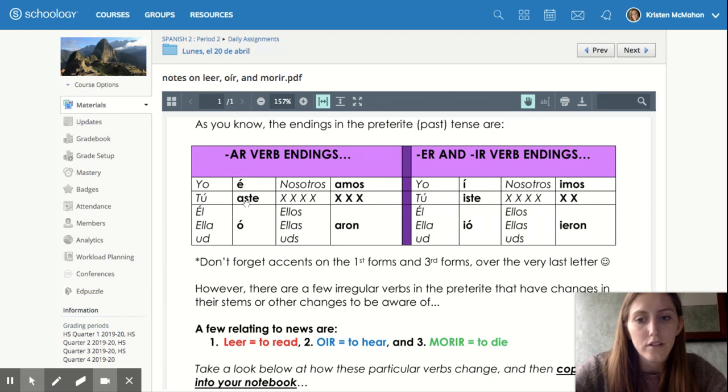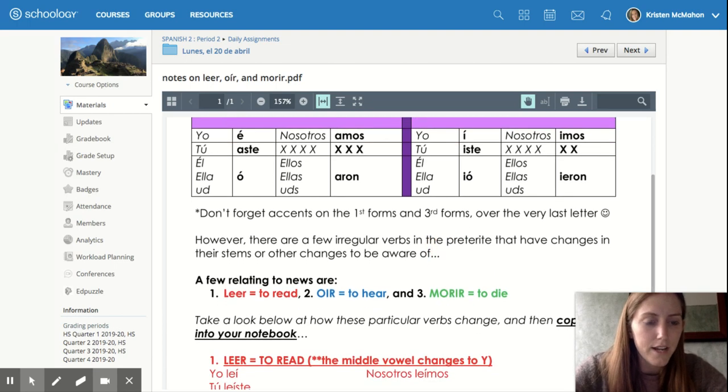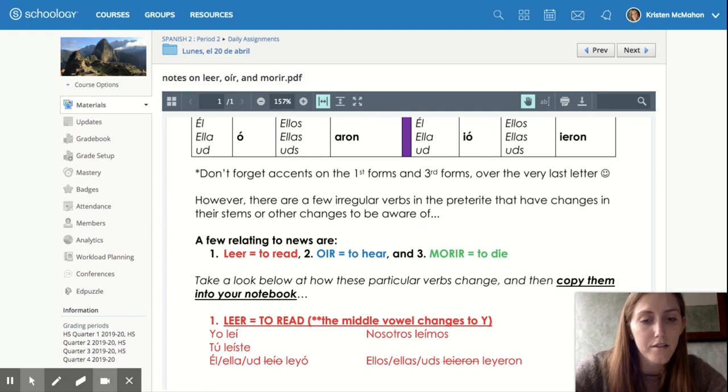So in the yo form and the usted form, and in the ER-IR on the I, and then the O. However, there are a few irregular verbs in the preterite that have changes in their stems, right? And we're only going to talk about 3 verbs this week: leer, oír, and morir. These are the 3 verbs that are going to receive the stem change.